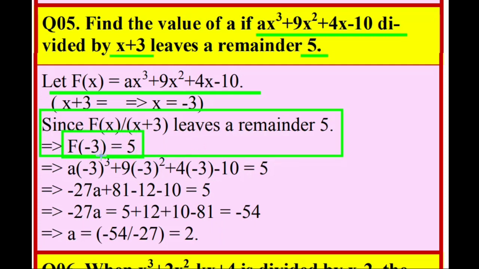So here one equation is formed. On the left hand side a big expression is there in terms of x, and here x is replaced with minus 3, and that is equal to 5, the remainder which is mentioned in the question. Now we simplify it and find the value of a, that comes 2.